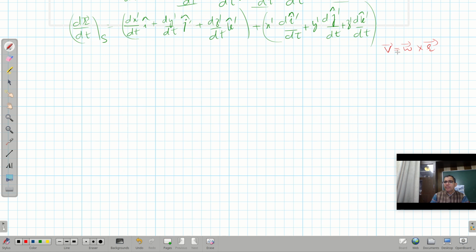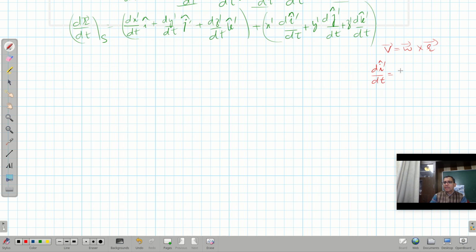V is basically omega cross r. So similarly di cap over dt, it's equivalent to a unit vector changing its direction. So that means it is the change in the velocity in a way.